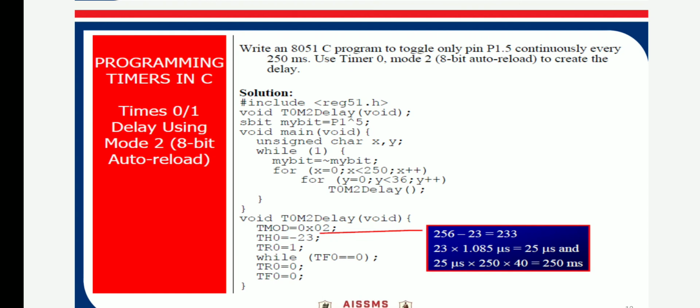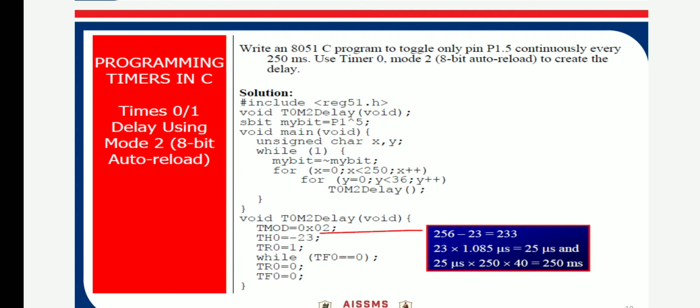So we have to subtract the value loaded into the TH0 register from this maximum value. So this value is 23. Now to calculate the delay, the TH0 value 23 we multiply with 1.085 microseconds, so it is 25 microseconds.